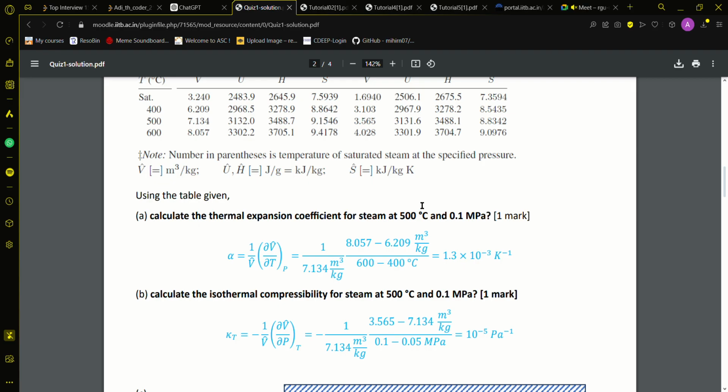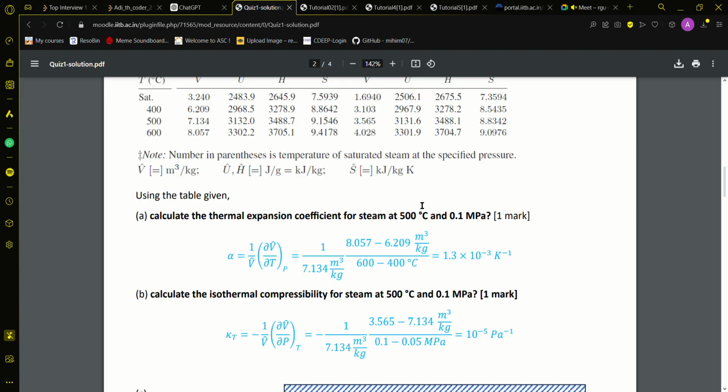So that will be around the 500 degrees Celsius, which is 3.565 minus 7.134 upon 0.1 minus 0.05. Because there's a delta P term here, we take the values from these two tables.